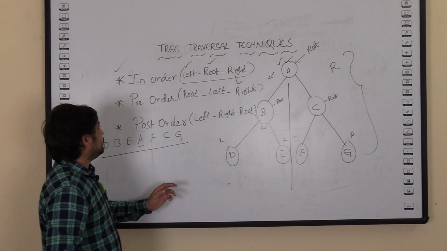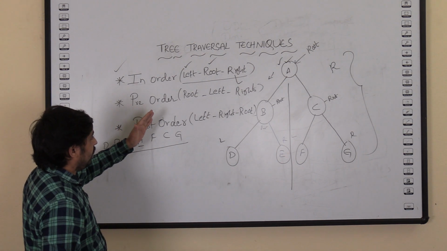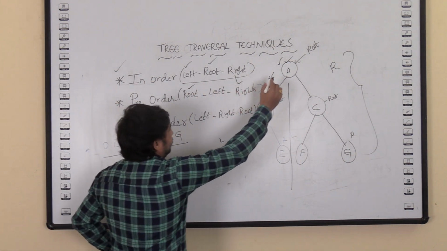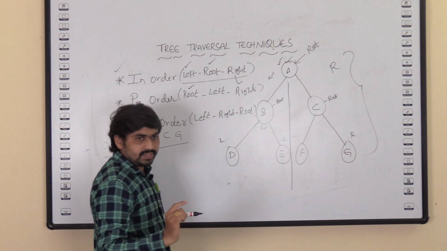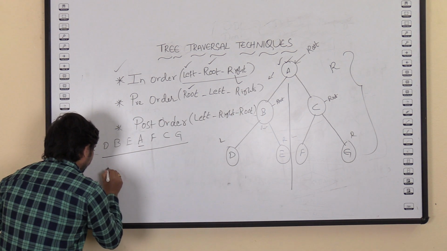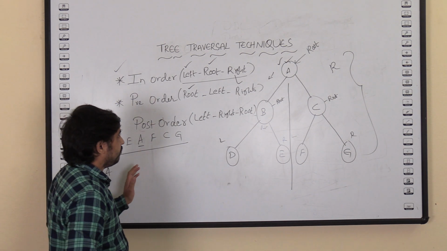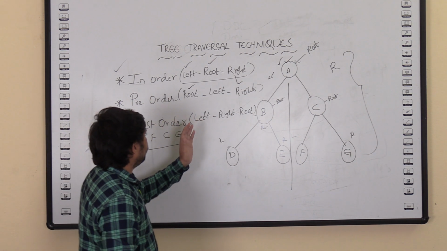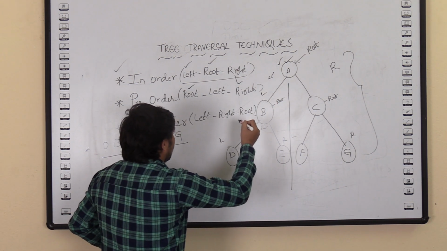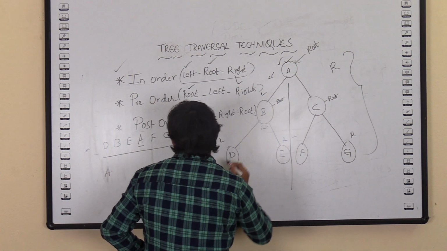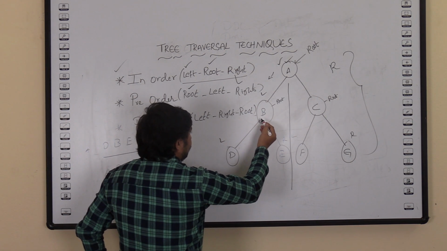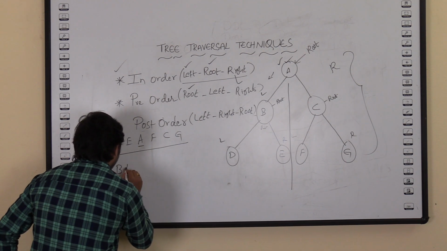Okay, next one is the pre-order technique. In this pre-order technique, we choose the root element first. I have already fixed that element A is the root node. Absolutely, I will first write the A element. Then move into the left of the tree. In this left side, B is the other root node. B's left element is D element.